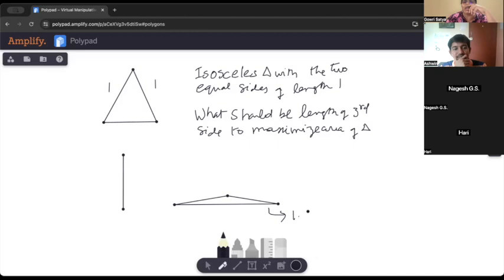This is the base. Then the height would be, so this is 1, this is also 1. So the height would be 1 squared minus, what is half of 1.9? 0.95 squared.